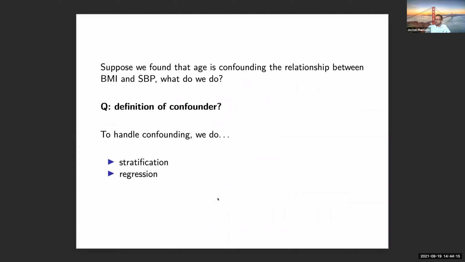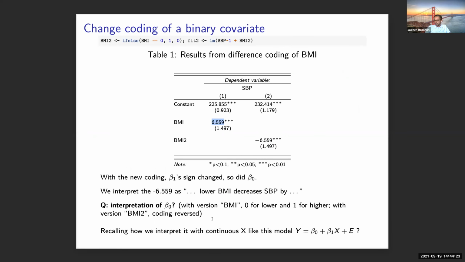Suppose we found that age is confounding the relationship between BMI and SBP. What do we do? Okay, so this I hope is very clear. This is very central.